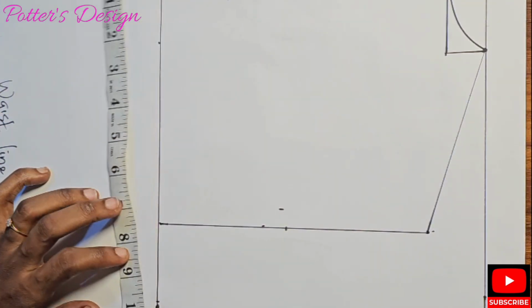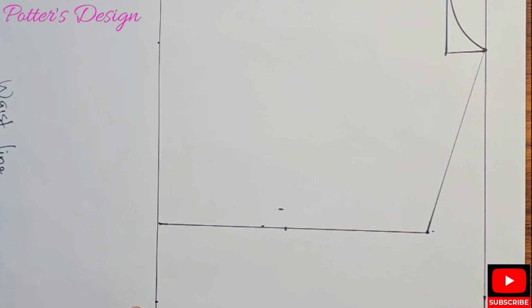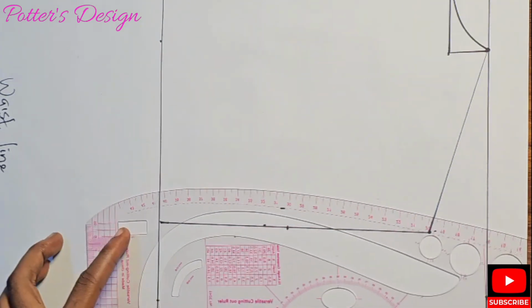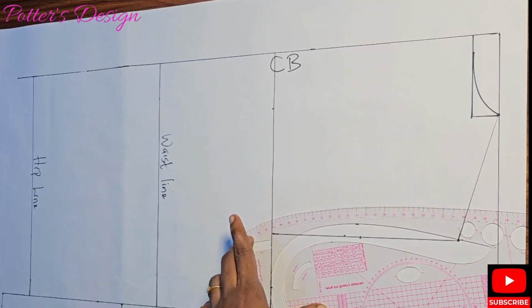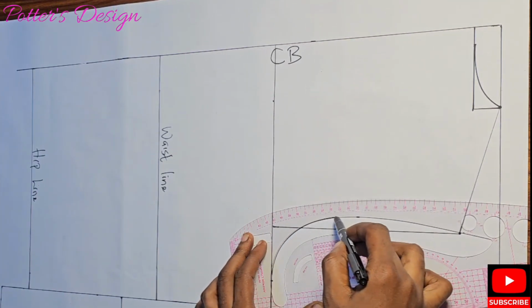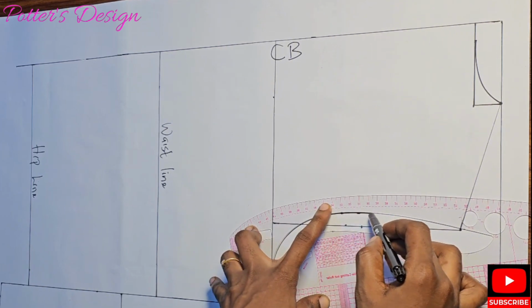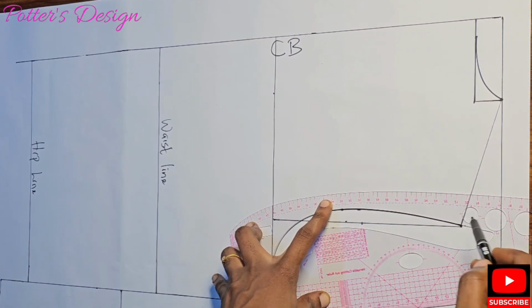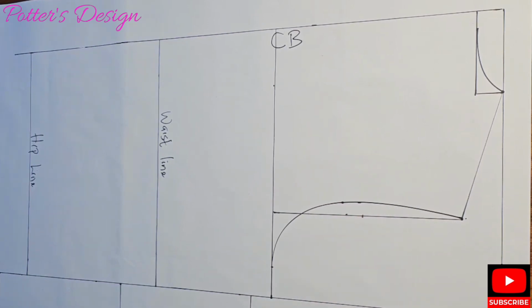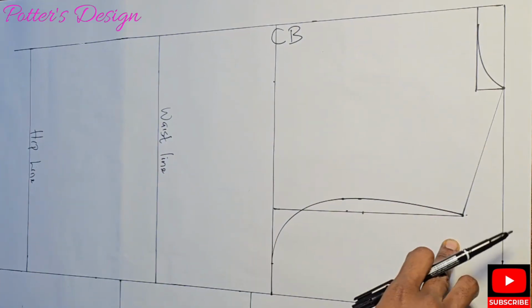But this ease is optional if you want a more fitted body. Just use your exact measurement. So connect this point to the shoulder point, like so. Make sure to touch the point when you're connecting.